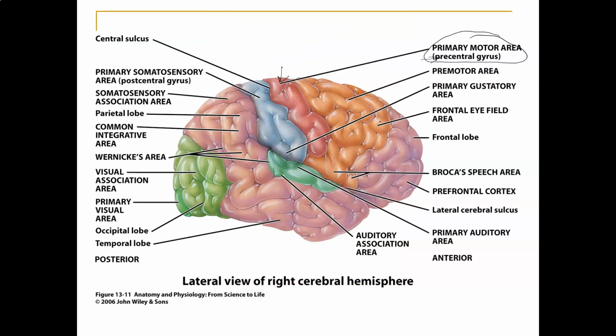So going back to this picture of the cerebrum, that's the primary motor area. Let's cover all the motor areas first in the cerebrum. Next to it, there's something called the premotor area. I like to think of it as an area where you store memories about learned motor skills, or sort of muscle memory.